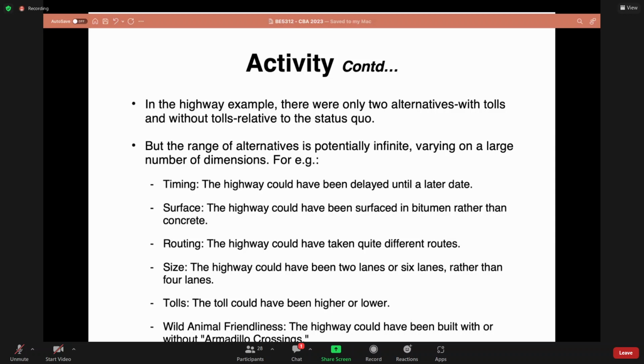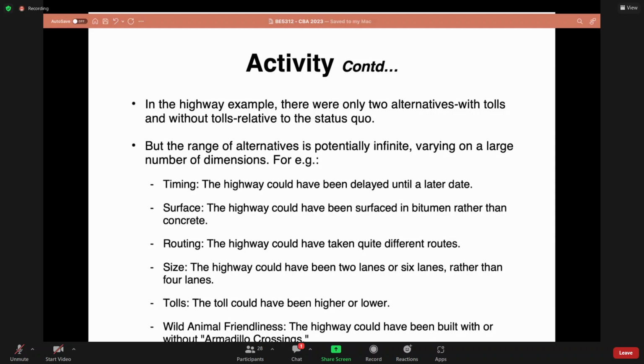And then depending on your choice of material, there can be lots of different alternatives. You can build the road surface using bitumen or concrete or any other surface type. The route that your highway takes, the size, the number of lanes, there can be lots of different alternatives.